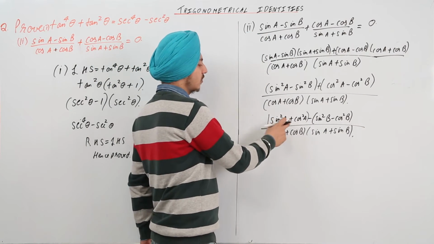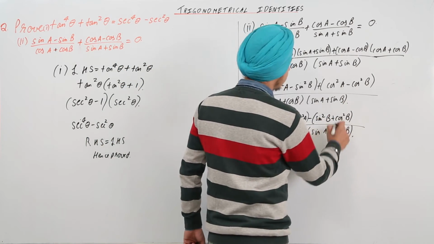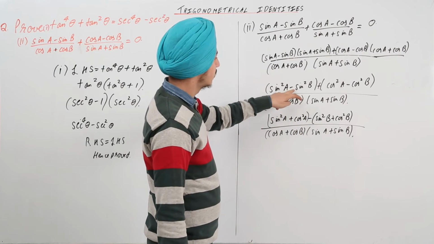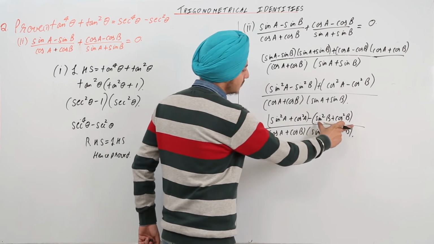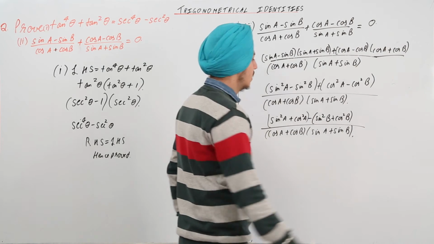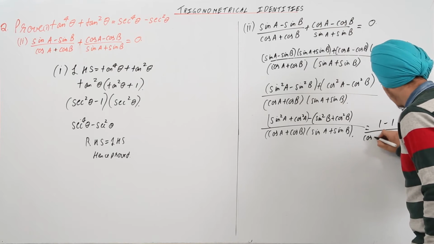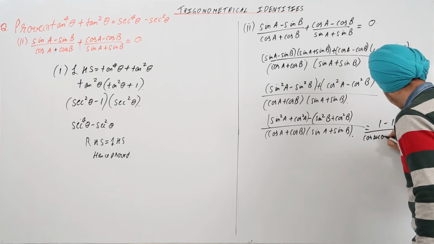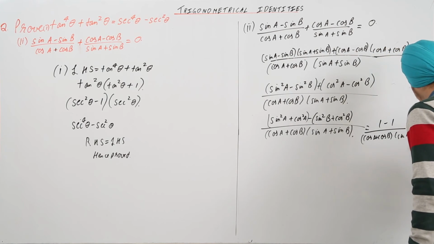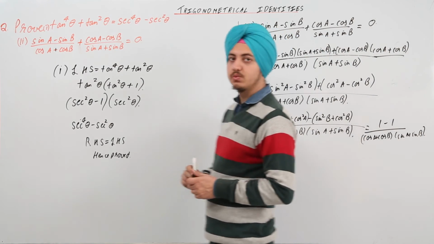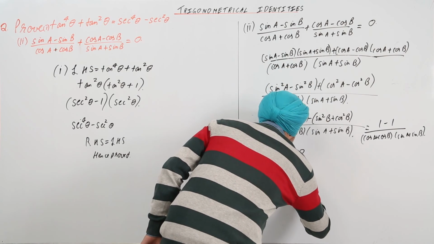Now sine square A plus cos square A is equal to 1, minus sine square B plus cos square B, this is a plus sign over here, because we take the minus sign outside. So this bracket is 1 and this bracket is also equal to 1, so 1 minus 1 is equal to 0. So this is equal to 0 and RHS is equal to 0.